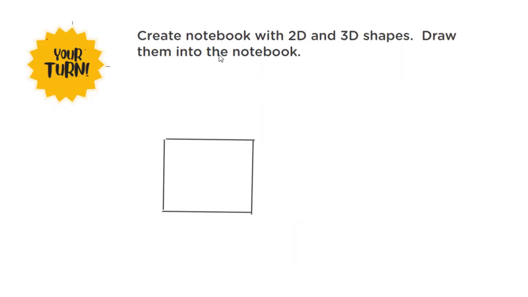Last but not least, I wanted to show you how you can take a two-dimensional shape and make it a three-dimensional shape. I'm going to go ahead and get my marker. This is a square, and I want you to put a little dot in the middle, right here. And then I'm going to get straight lines. Oops. And make another square right on top of it.